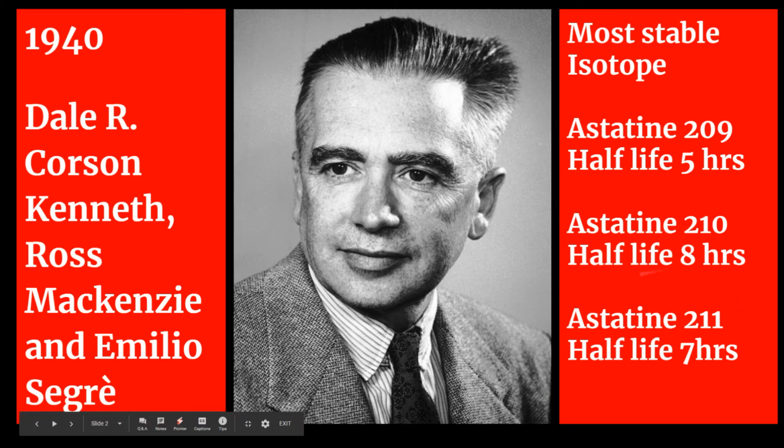As you can see, the most stable isotope is astatine 210. It has a half-life of 8 hours, so it is the most stable isotope of astatine. And the others here: astatine 209 has a half-life of 5 hours, and astatine 211 has a half-life of 7 hours.